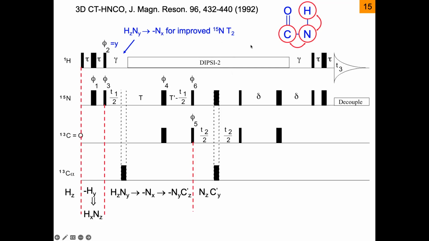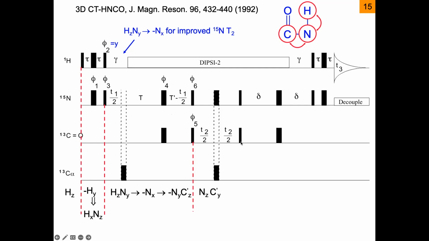And for the protons, in this case, there's a DIPSI decoupling for a certain reason. Actually, we will do an exercise later, and then this is explained a little bit more why one does a continuous decoupling instead of 180-degree pulses.